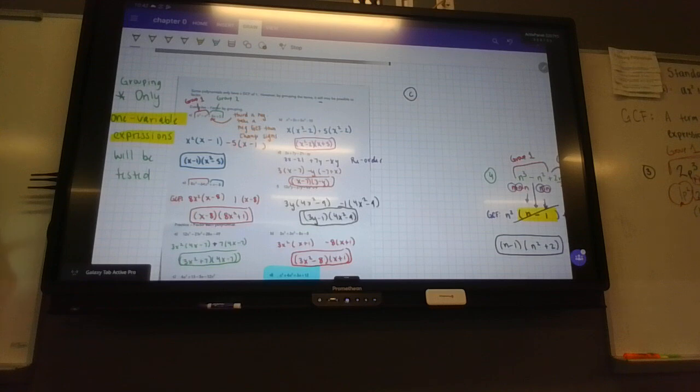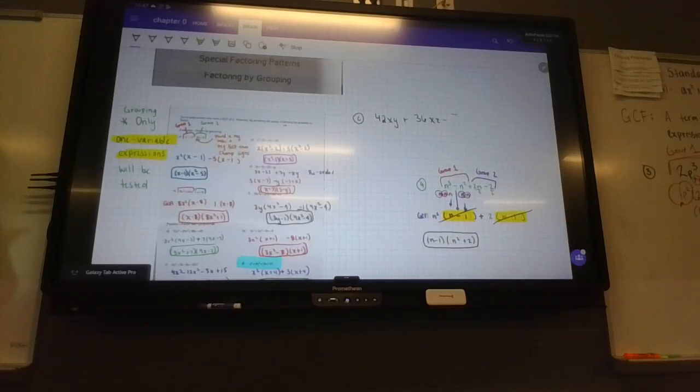Jacob, will you read C out loud to me? The problem? 42xy plus 36xz minus 7w squared y minus 6w squared z. Oh, that one has 3 letters in it. Behind 7w squared, there's a y.